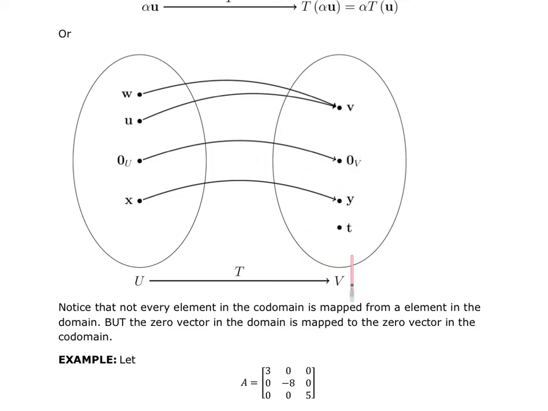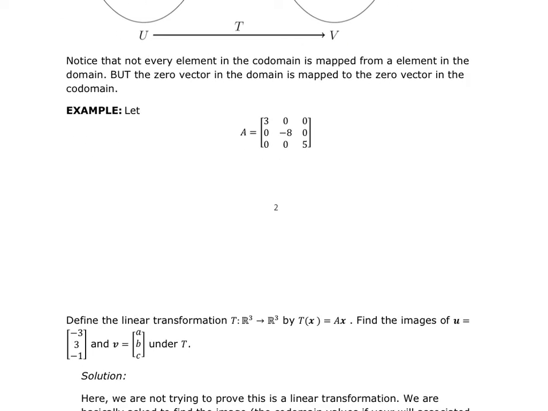Now I'm realizing, of course, that I can have leftover elements in my codomain that are not being mapped to by an element in my domain. But every element in my domain does need to be mapped to one element in my codomain, but I can have leftover elements in my codomain that don't have a pre-image, if you will, in my domain. So that's something to think about, and we'll explore this further in our next couple of sections.